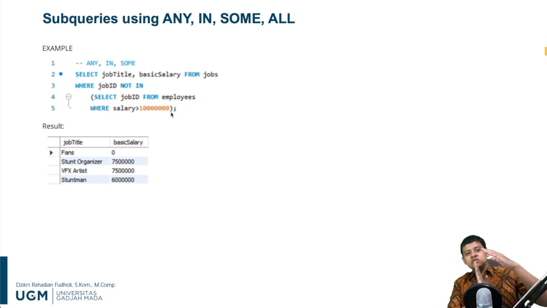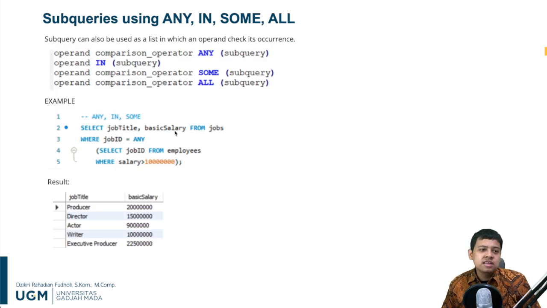So we have a few job IDs, and if the job ID is not in this set, then it's outputted. But if we use where job ID in, and in that set there is any job ID that's equal to the job ID, then that's outputted. So job ID in select job ID is just like this one.